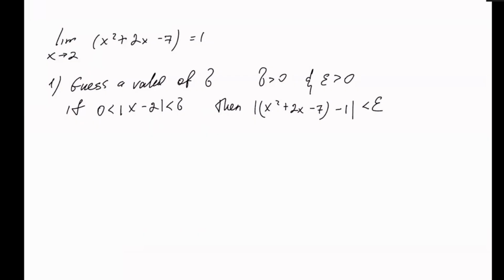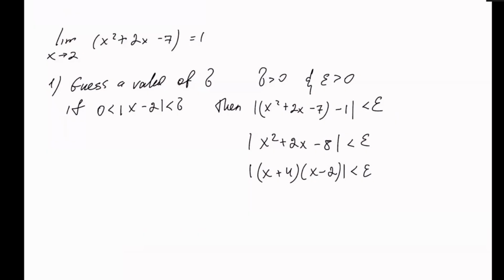So we will start working with the then statement to find the bounds for the potential values of our delta. We would have here x squared plus 2x minus 7 minus 1. That's going to be negative 8. If we factor it out, it's going to be absolute value of x plus 4 times x minus 2 less than epsilon.